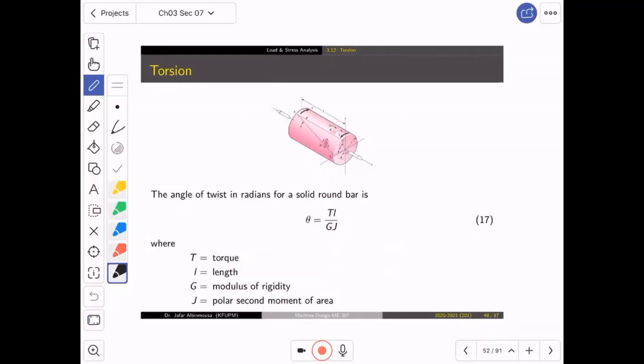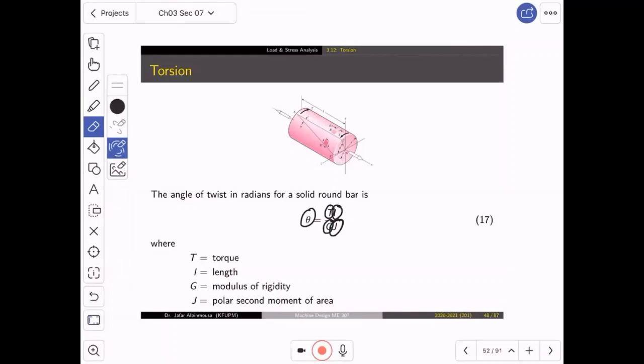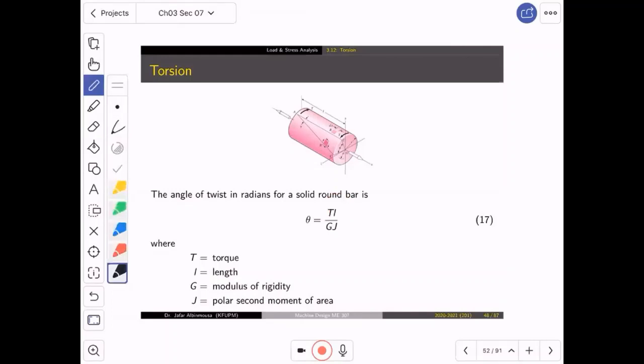So if you remember from civil engineering, they told you that there is a relation between theta, which is the angle of twist, the torque, the length, and G, which is the shear modulus, and J. Now, in simple terms, the way you look at this equation is the following.